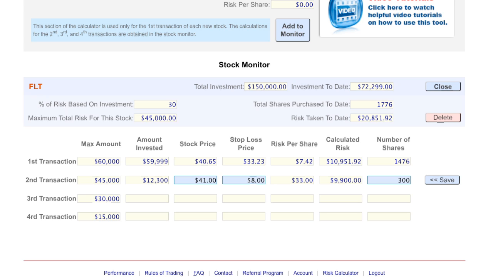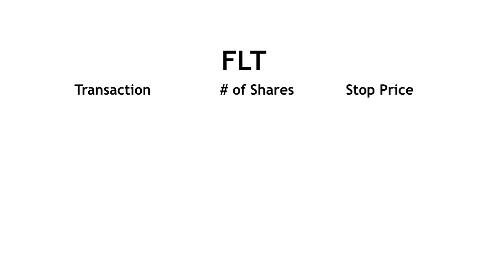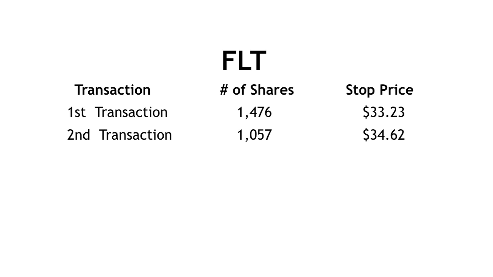Remember, after each additional buy or short, you will need to cancel the current stop loss order and enter a new one with the new stop price along with the additional shares. For example, with FLT, the first transaction was for a purchase of 1,476 shares with a stop price of $33.23. The second transaction was for an additional 1,057 shares with a stop price of $34.62.